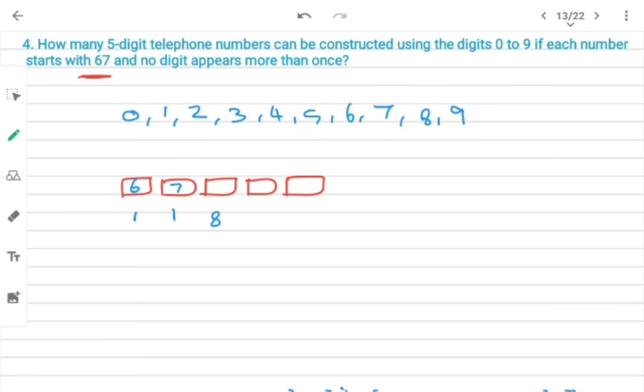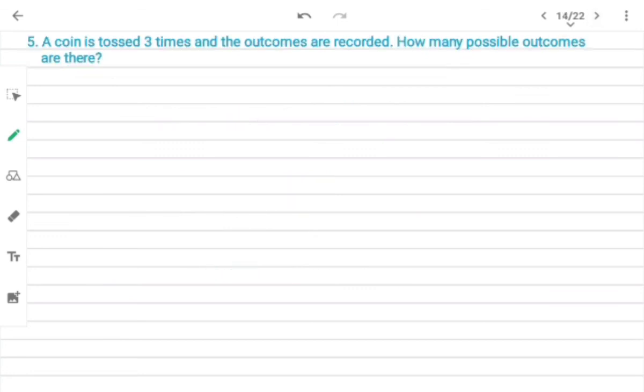And in the next place I have only 7 numbers to be placed, and in the last I have only 6 numbers to be placed. So the number of ways is 1 into 1 into 8 into 7 into 6. When you multiply, you will get 336 ways.